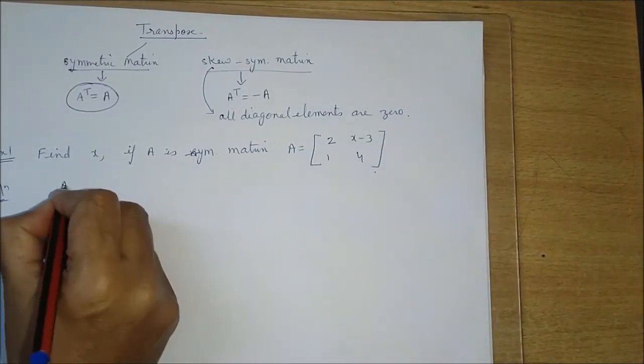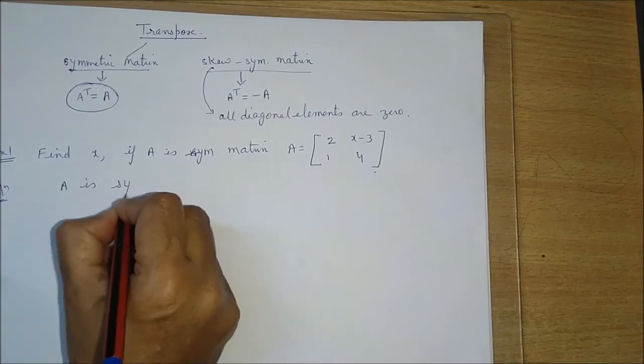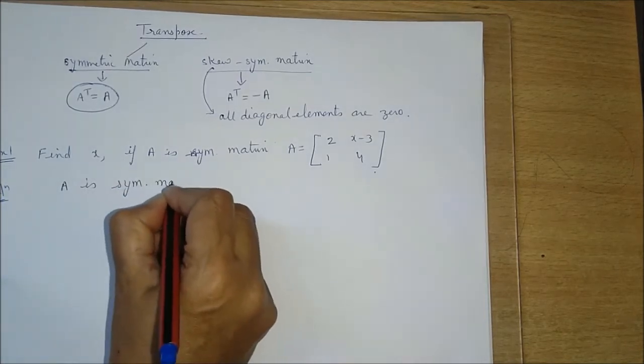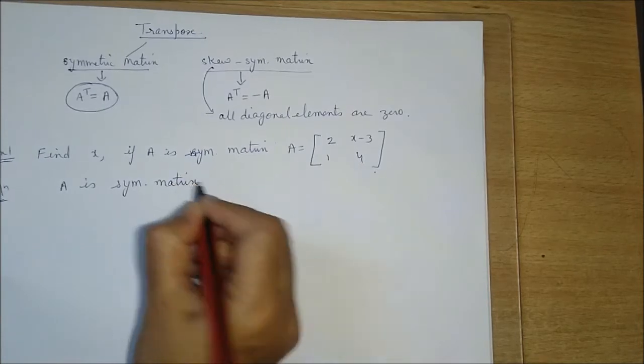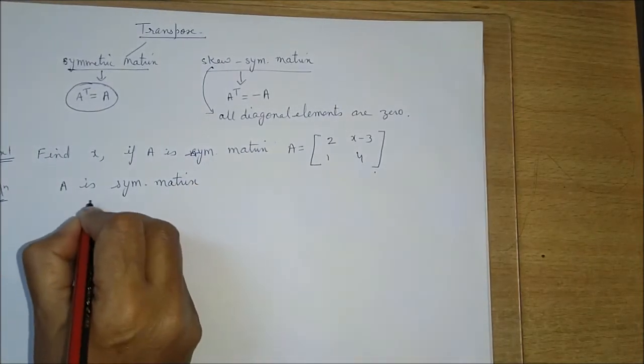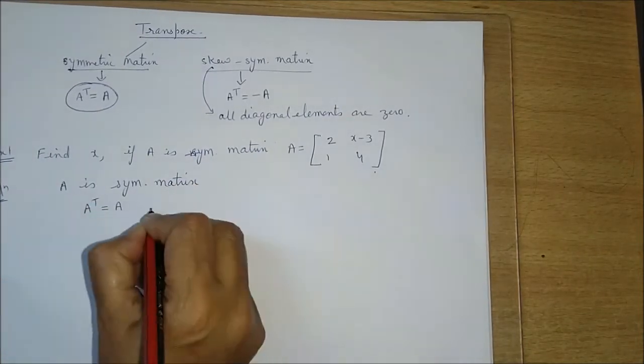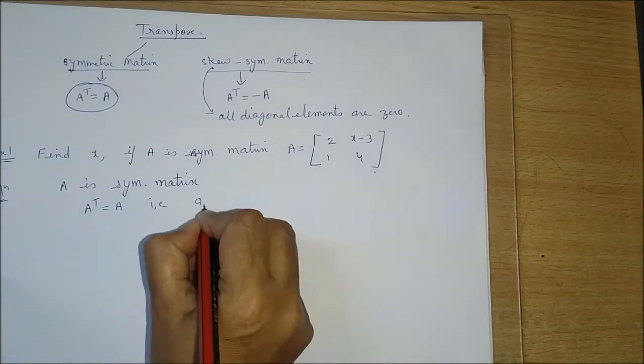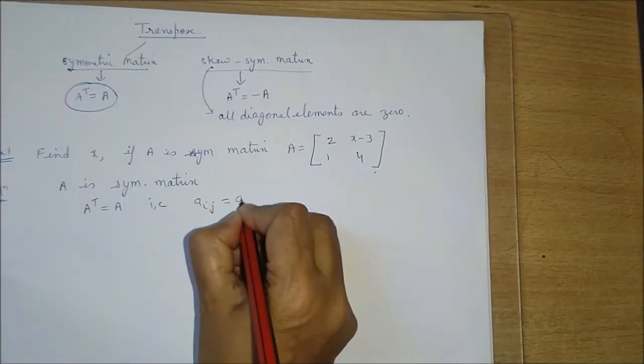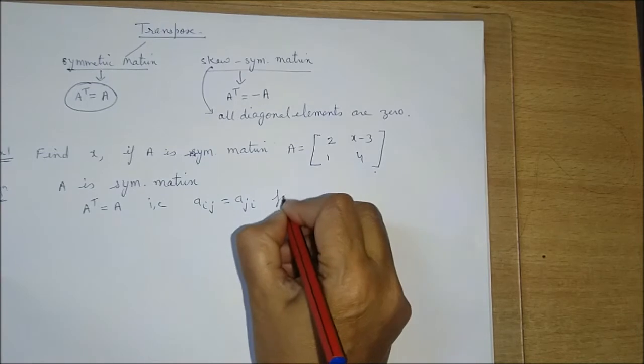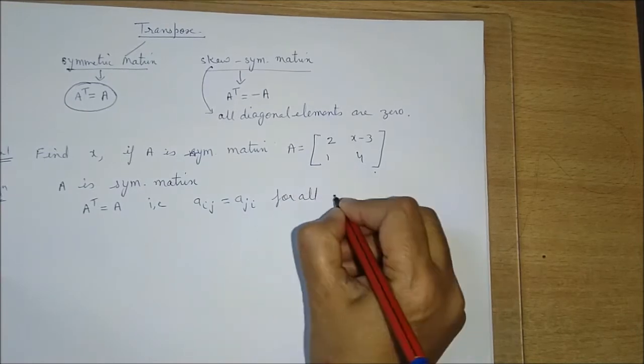As it is given that A is a symmetric matrix, A transpose must be equal to A, that is Aij will be equal to Aji for all i and j.